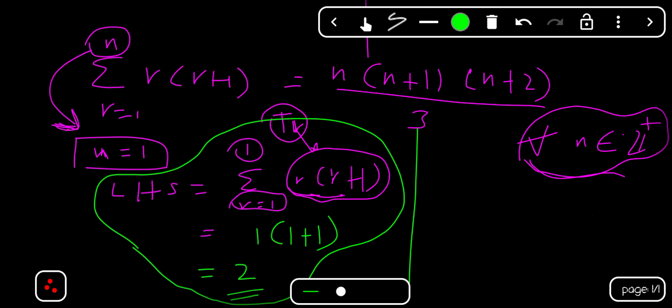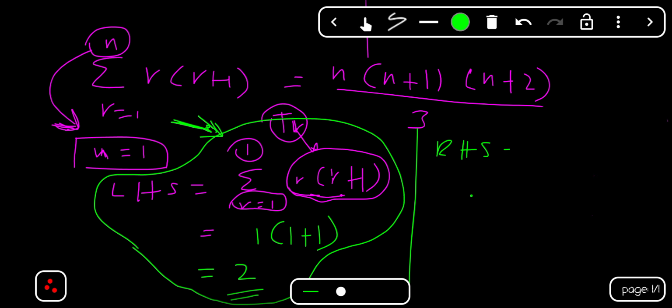Then you have to work on the right hand side also, the RHS once n equals 1. I don't have enough space here, so I will erase this one.